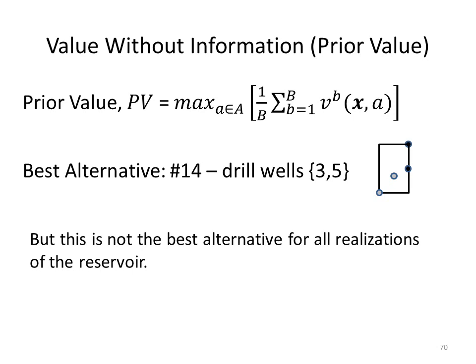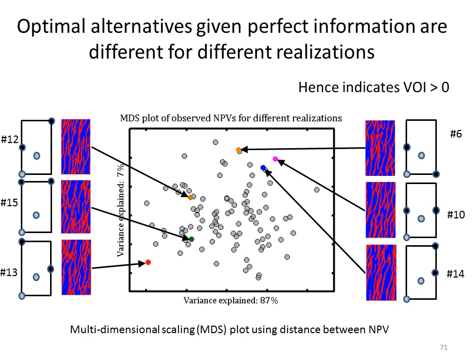But it is not the best alternative for all realizations, and that's why perhaps some information that will help to say something about the uncertainty might improve this decision. So the optimal alternative, given perfect information, is different for different realizations. Hence, this indicates that VOI would be greater than 0.